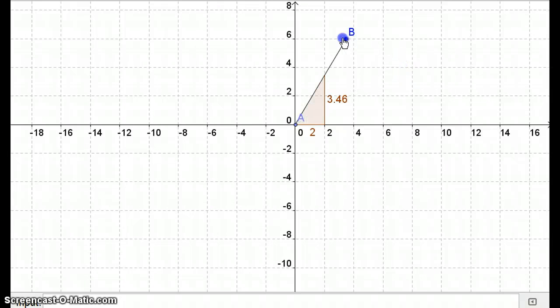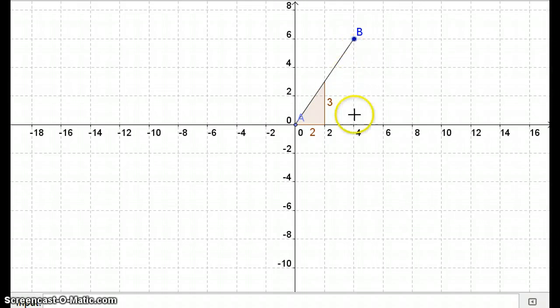Move it over to here. The slope is 1.5, which is the same as, how do you read it? 3 divided by 2, 1.5.